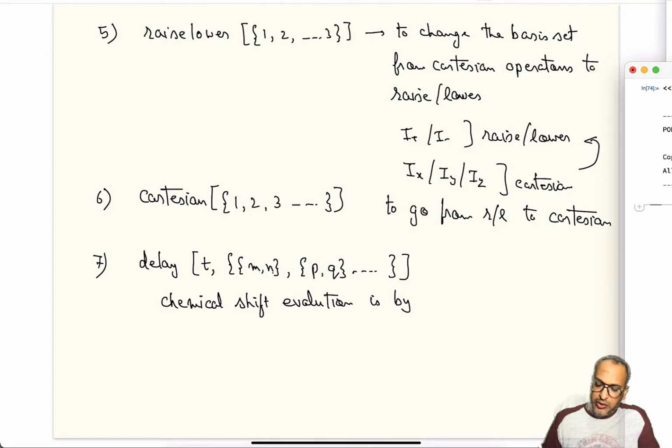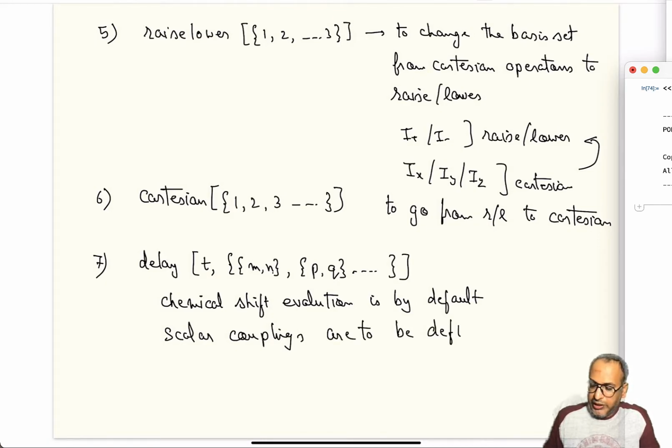But if it is a non-Z spin, then chemical shift evolution is by default. But coupling evolution is not by default, so scalar couplings are to be defined explicitly.